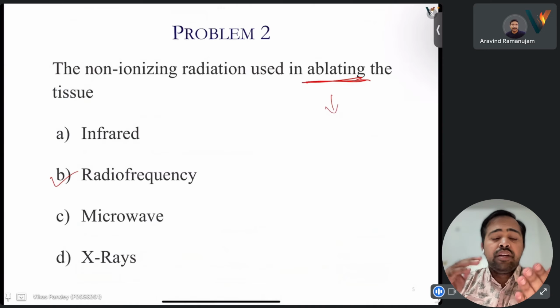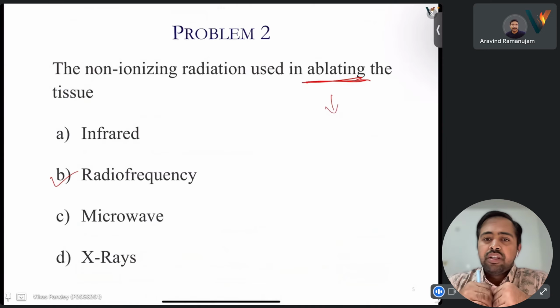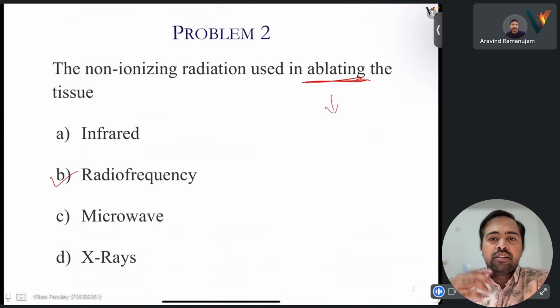If it is done more than required or less than required, it will cause some problem, and for normal functioning as well.